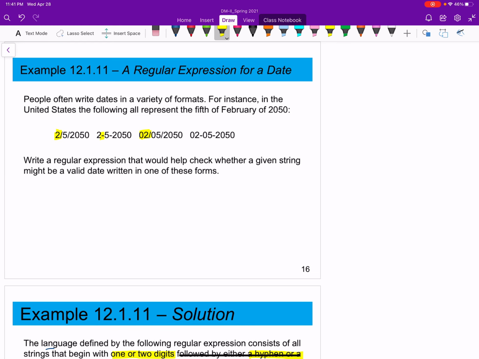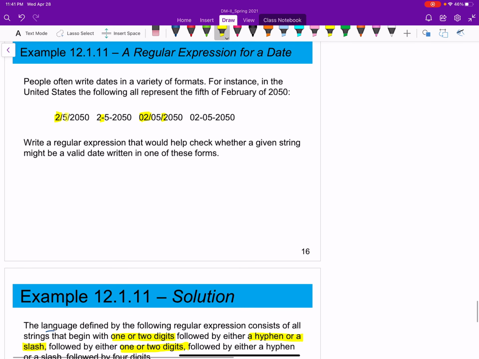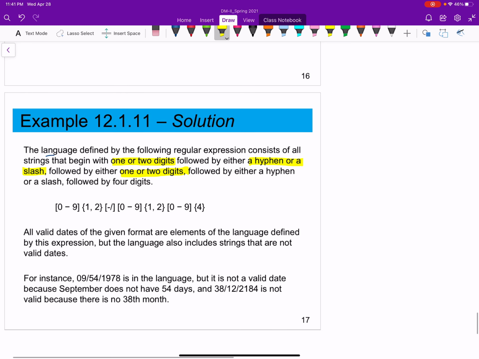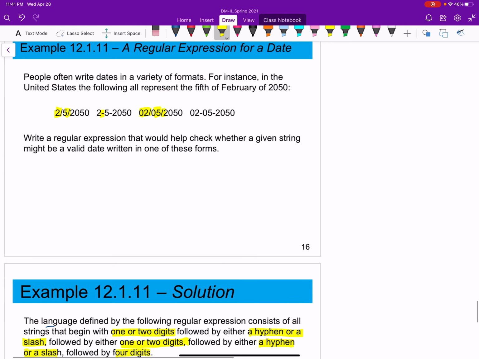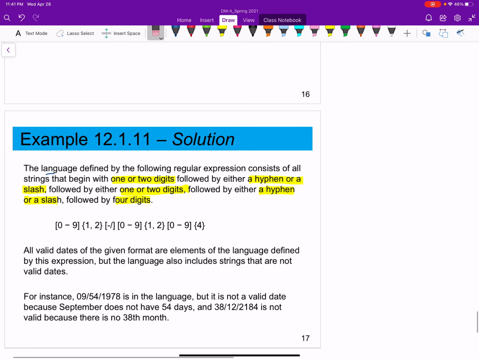It can be a hyphen or a slash. Followed by either one or two digits. Again, it can be one digit or maybe two digits. Followed by either a hyphen or a slash, followed by four digits. All right, so these are the characteristics of those four forms.